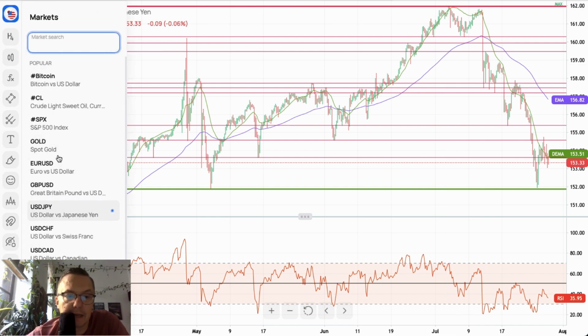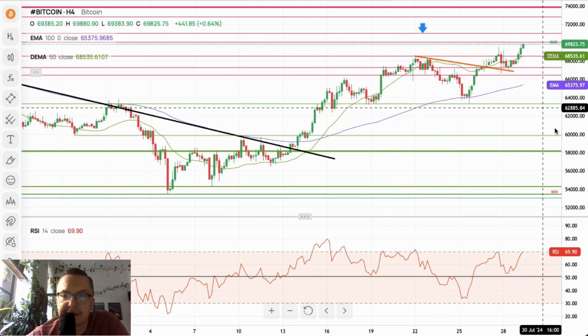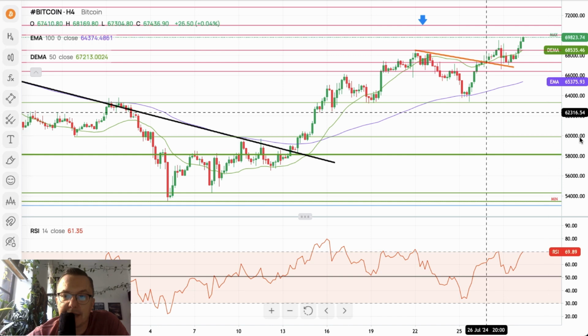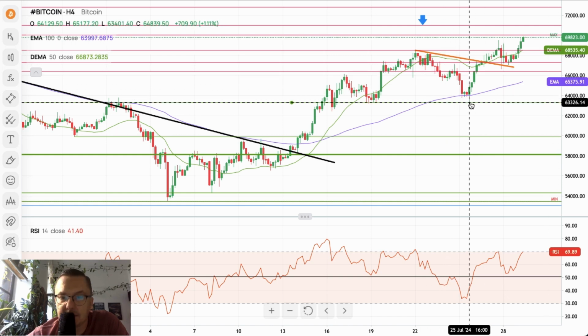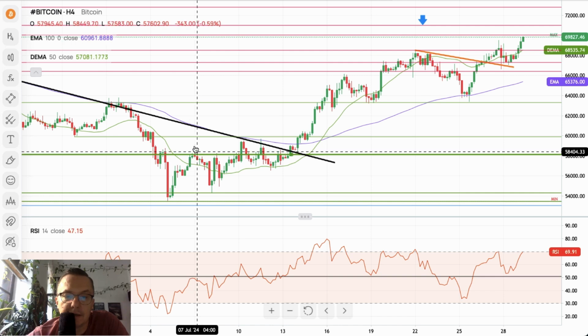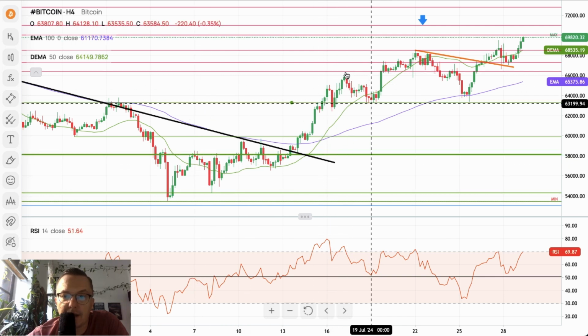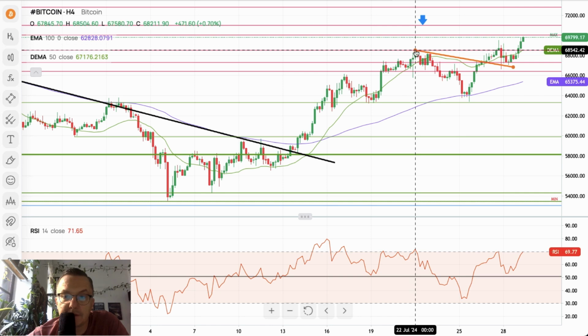And let's take a look at the Bitcoin. What is Bitcoin doing? And this is exactly what we wanted to see after the A, B, and C correction. I hope that you remember that from the lows here, we managed to label 5 waves to the upside with a top at 68,504.